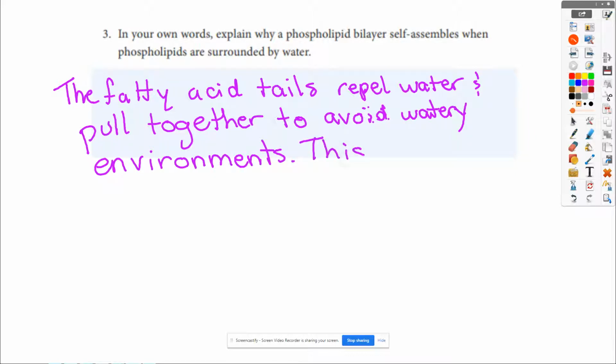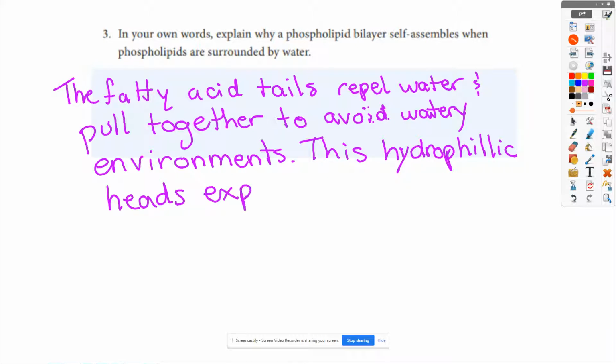This leaves the hydrophilic heads exposed to the water. I'm sorry, guys, it's been a long day. All right, and we'll learn more about this as we go.